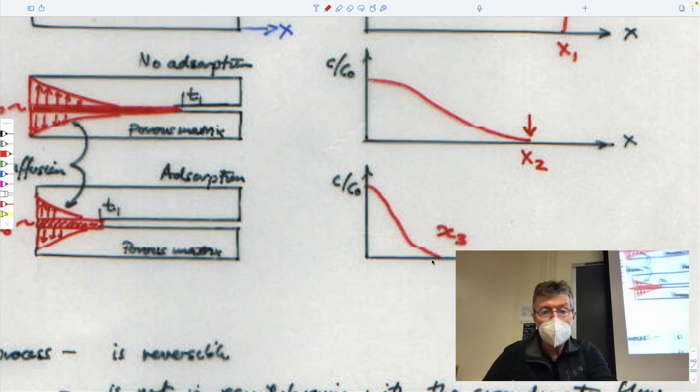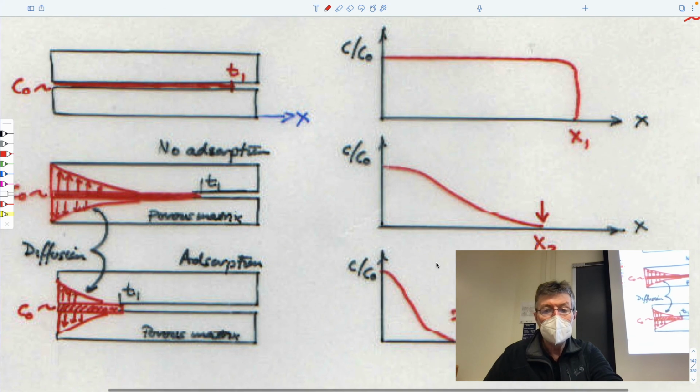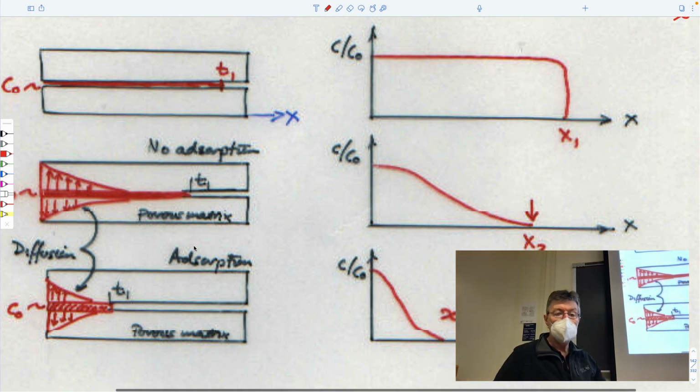And so these effects would be due to the absorption that occurs in the rock that's flanking the fracture. And this would be an effect that looks like absorption. The front's not going so far. It's reducing the concentration from a maximum value here, which now is a bit less.